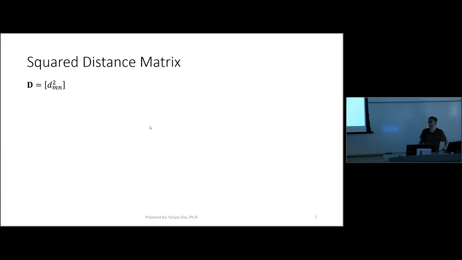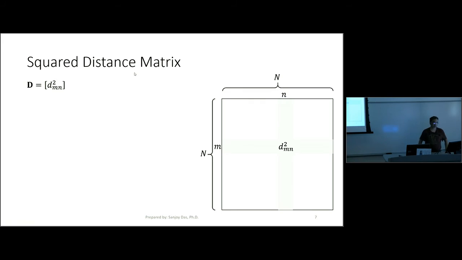Okay, next I define the squared distance matrix. This D is a slight misuse of notation. It's actually distance squared. I take pairwise distances between sample points, and then I get the distance matrix. So I take the mth sample and the nth sample.